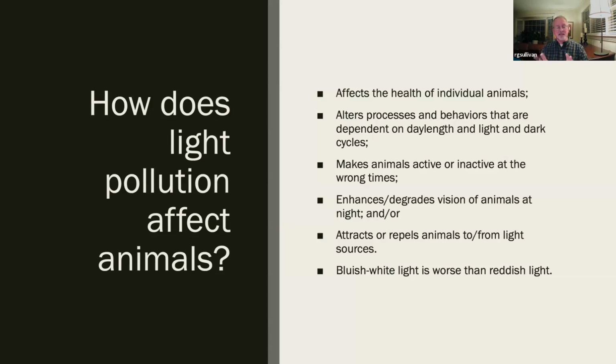So that gives you some idea of how that could be a problem, I hope. It just flat out enhances or degrades the vision of animals at night. So certain frogs that are nocturnal really cannot see well in bright light. And a lot of animals that are diurnal actually can't see well in darkness.